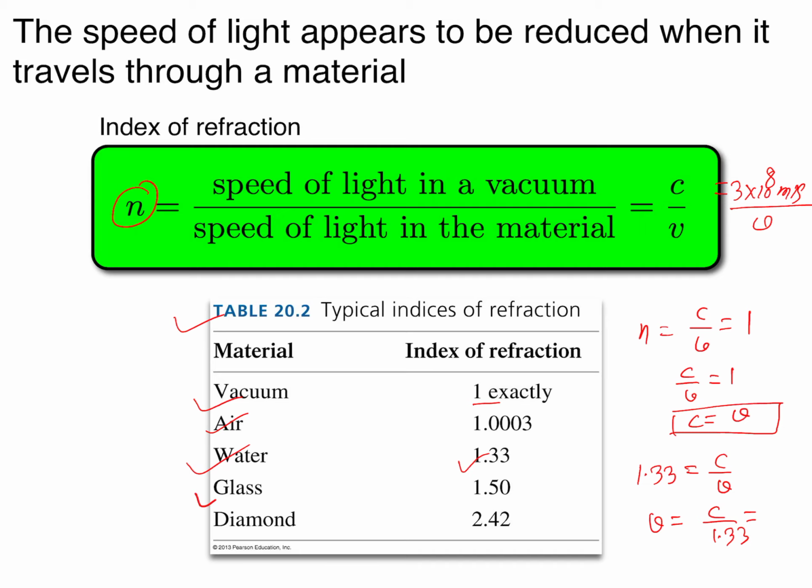In glass, the refractive index increases to 1.5. In diamond, you will have the maximum here, 2.42. Significantly, the speed of light is reduced when it is in a medium like diamond. One important thing from the previous lecture: electromagnetic radiation does not need a medium to propagate, unlike sound waves.